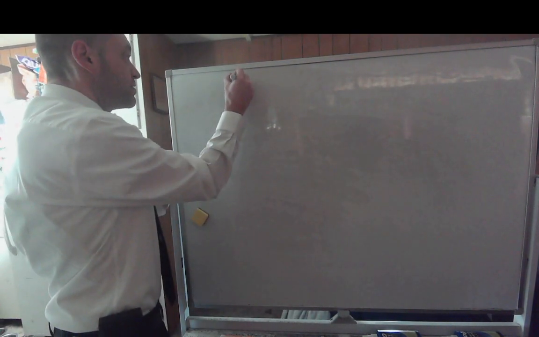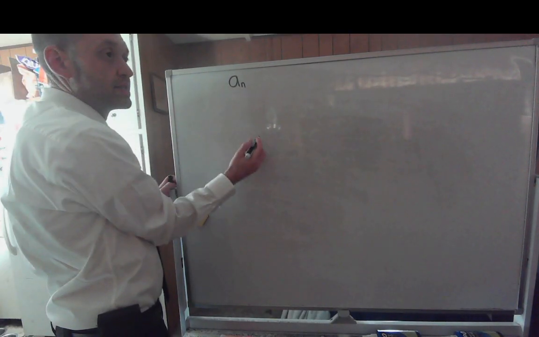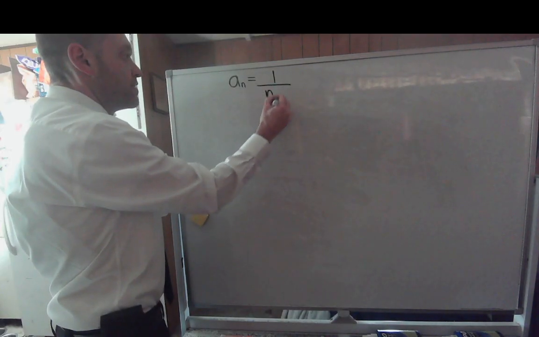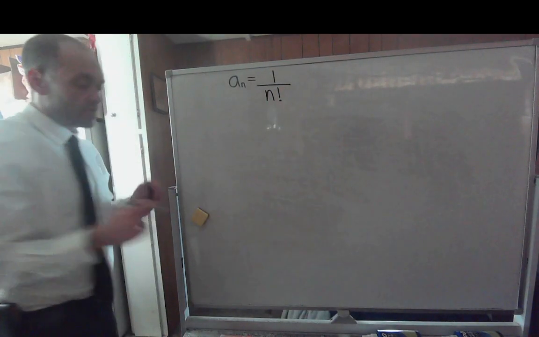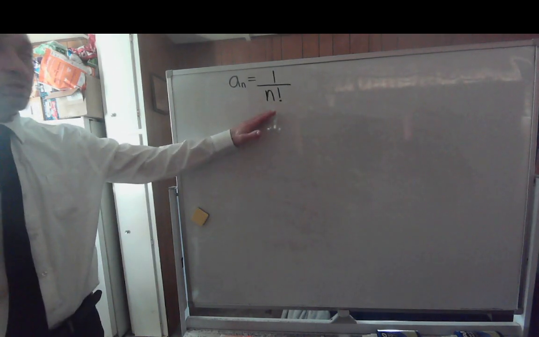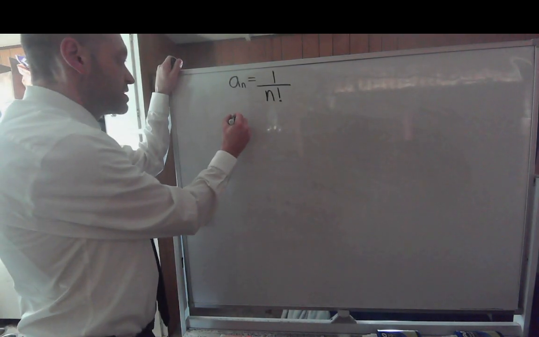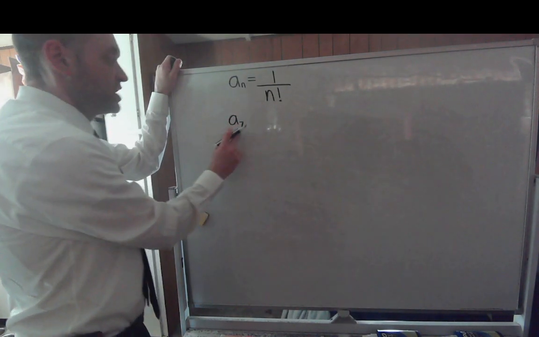So let's say you have a sequence in which you have something like 1 over n factorial. You're given 1 over n factorial, and you're being asked to find the 7th term of the sequence.